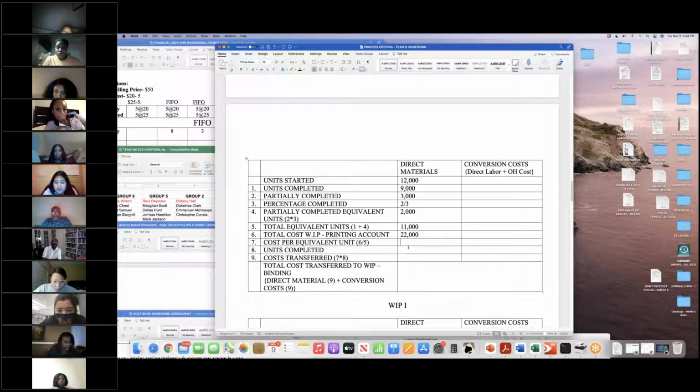So what's the cost per equivalent unit? 2. How many units we said were transferred? 9,000. So how much of the raw materials are going to be transferred out? It's 2 times 9,000.